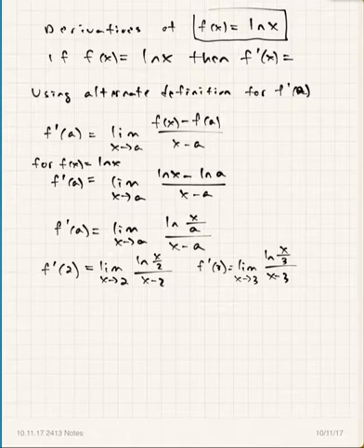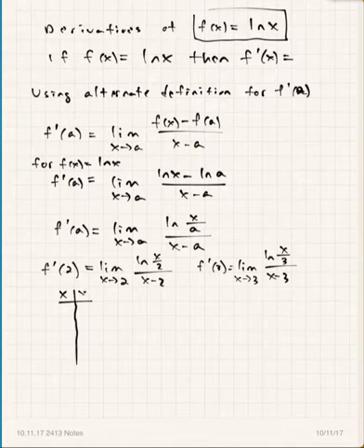So what I've done is look at these problems numerically, and I built a little table of values. I used my graphing calculator to calculate these values. For f prime of 2, remember we're looking at the limit as x approaches 2. I just use values a little bit bigger than 2. You could use values a little bit less than 2 also, and the same kind of thing is going to happen.